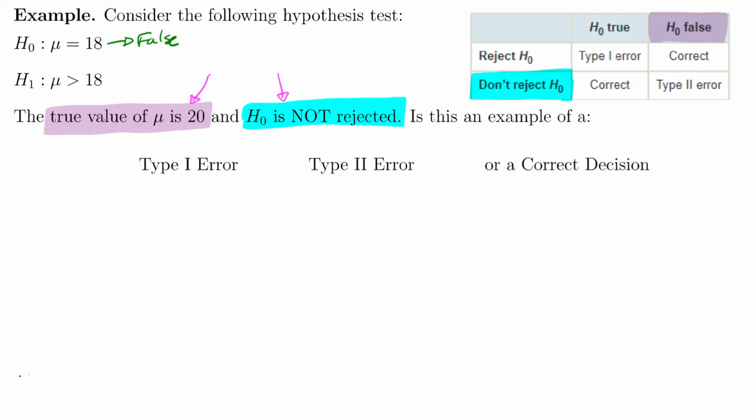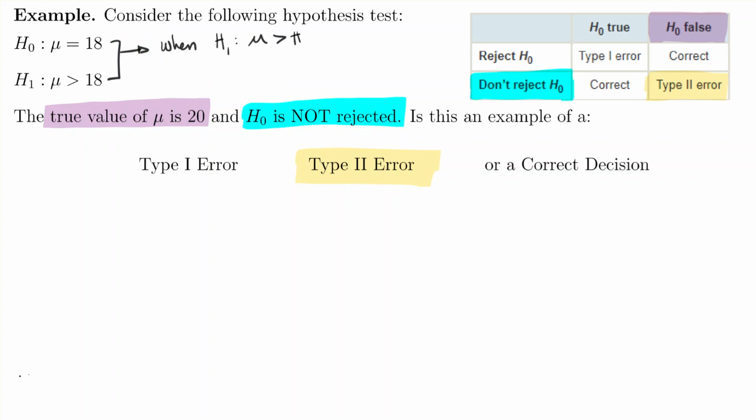So whenever you do not reject H0, but H0 was actually false, we end up with a type 2 error here. So this is an example of a type 2 error. And then one more classification. When the alternate hypothesis H1 is of the form mu is greater than some numerical value, this is what we call right-tailed.